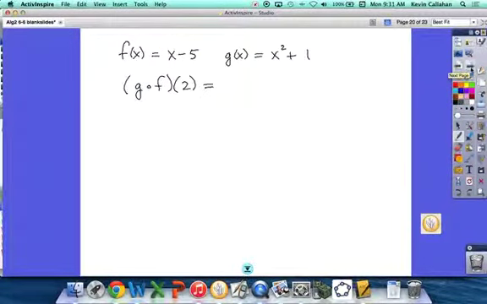Okay. In this way of doing it, first I'm still going to rewrite it as g of f of 2, like that. And now find f of 2. If f of x equals x minus 5, what is f of 2?